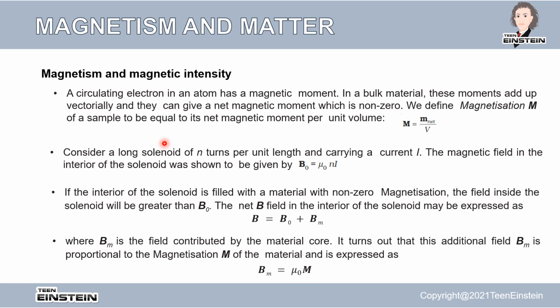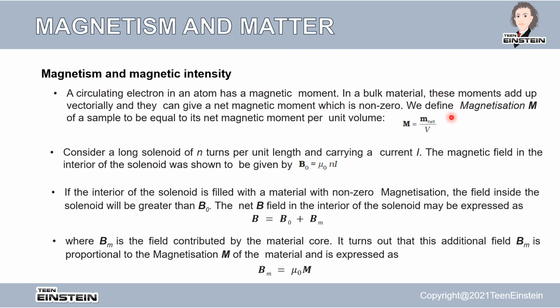And if you have a collection of atoms like this, there's going to be a lot of magnetic moments created, and they are going to add up vectorially depending on the direction of the magnetic moment. Again, the direction of the magnetic moment depends on the direction of revolution of the electron. Is it counterclockwise or clockwise? It depends on that. So based on that, all the magnetic moments are going to add up, and it will not be necessarily zero all the time.